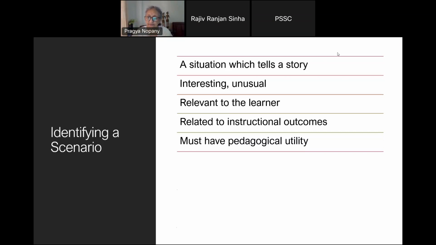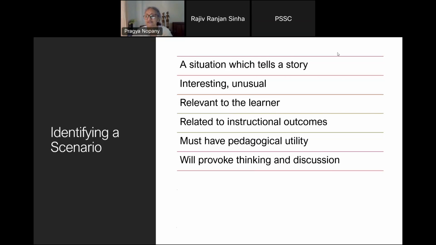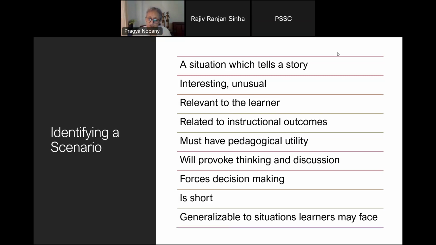It must have a pedagogical utility, and it will provoke thinking and discussion, because without that thinking and discussion, we will not achieve our instructional outcome. It forces decision making on the children, and it must be short, and it should be generalizable to situations which learners normally face in their life.